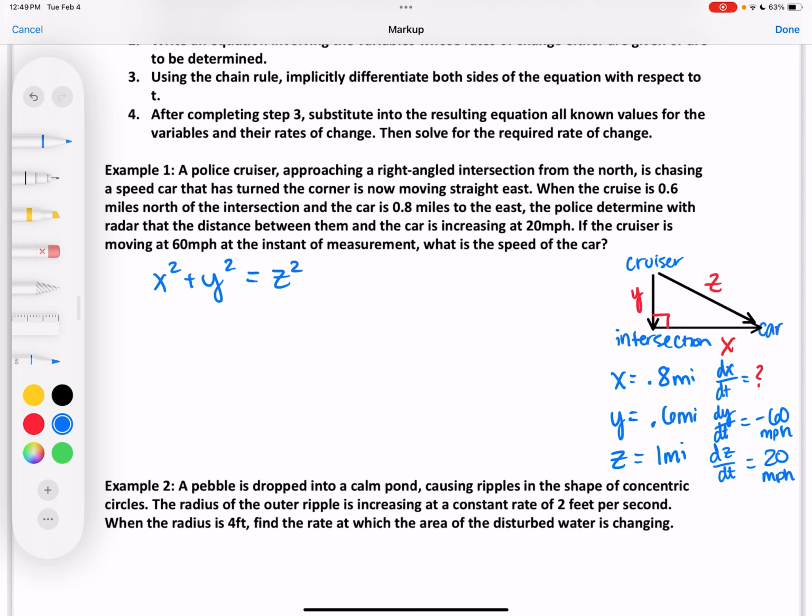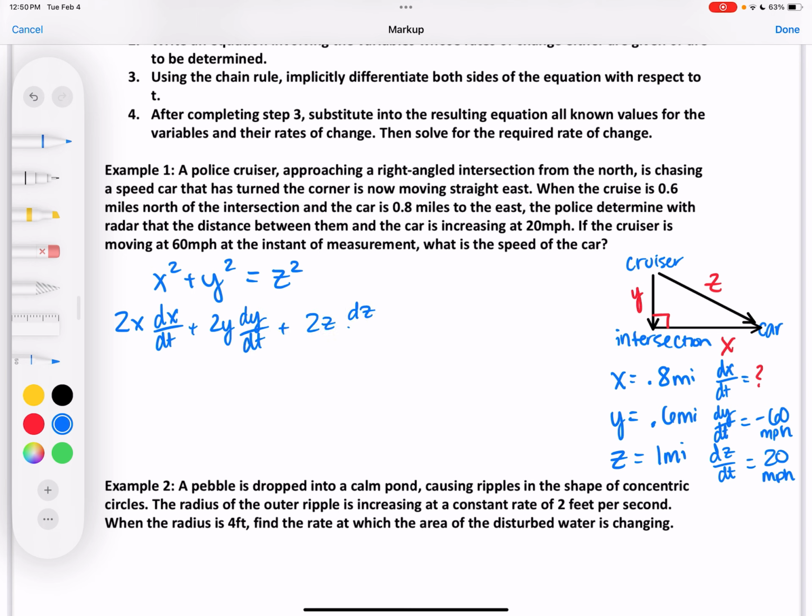Then we take the derivative of everything implicitly because everything is with respect to t. So this is going to be 2x dx/dt plus 2y dy/dt equals 2z dz/dt.